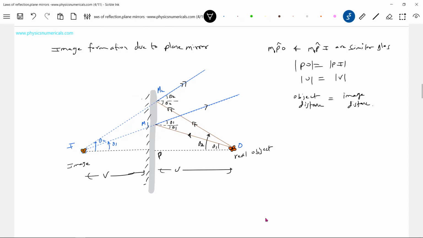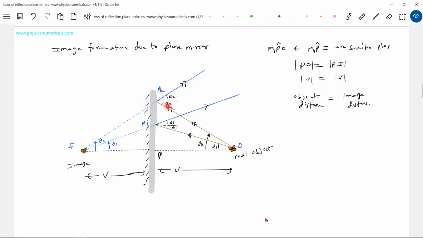Now you can ask, sir, on what basis are you writing this theta 1? Look at this. If this angle is theta 1, this should be theta 1. If this angle is theta 2, this should be theta 2. Theta 1 is the angle of incidence of the ray at M1, and theta 2 is the angle of incidence of the ray at M2.